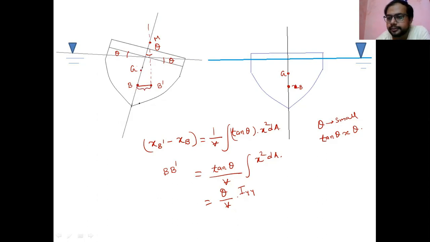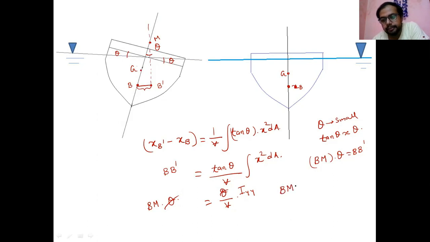It's like an arc, a radius and angle. So radius into angle will give you the arc. So BM into theta gives you BB dash. Here theta will be cancelled out. So the distance BM is equal to Iyy by V.